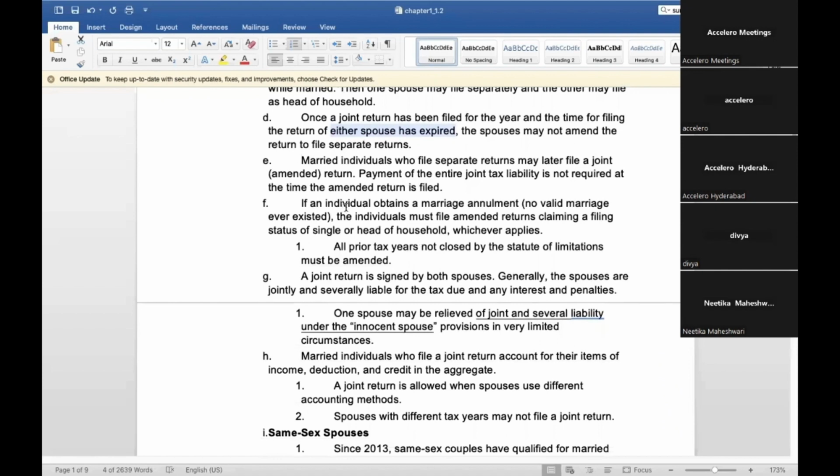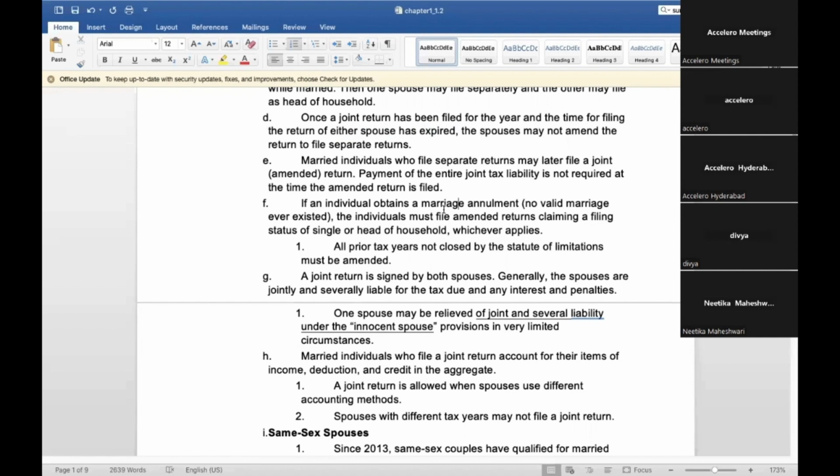If an individual obtains a marriage annulment, the individuals must file amended returns, claiming the status of single or head of household, whichever applies. So basically, later on, if they get an annulment, it means they had been filing as married filing joint, but actually as per law they were not married, or some of the conditions were not satisfied, so we don't call it a valid marriage as per the law.